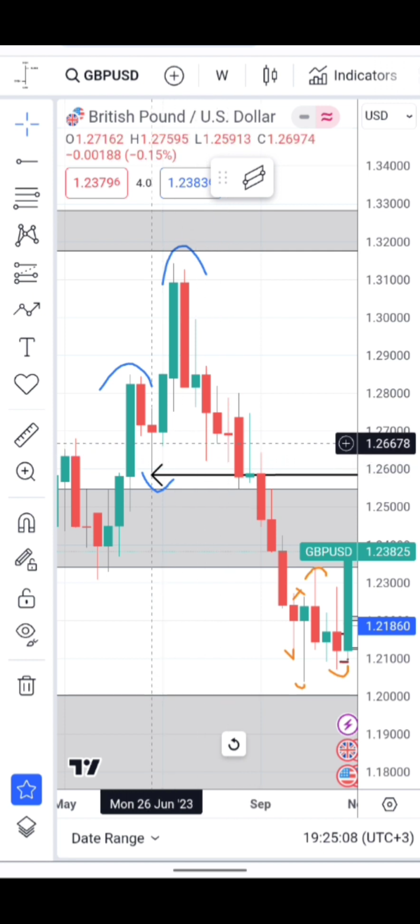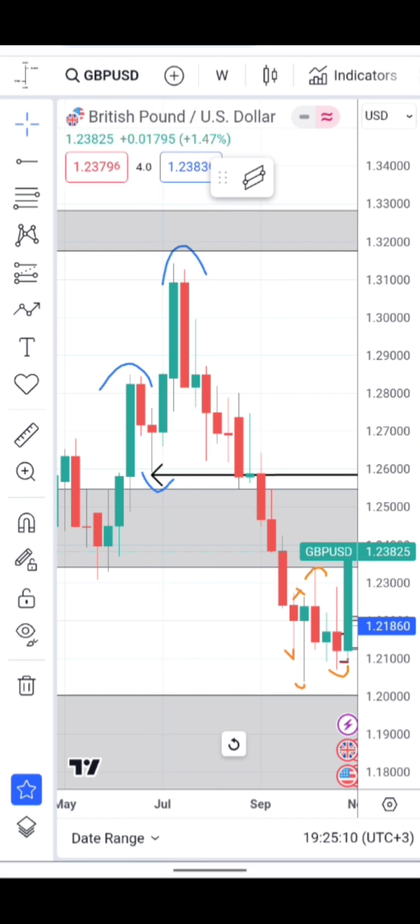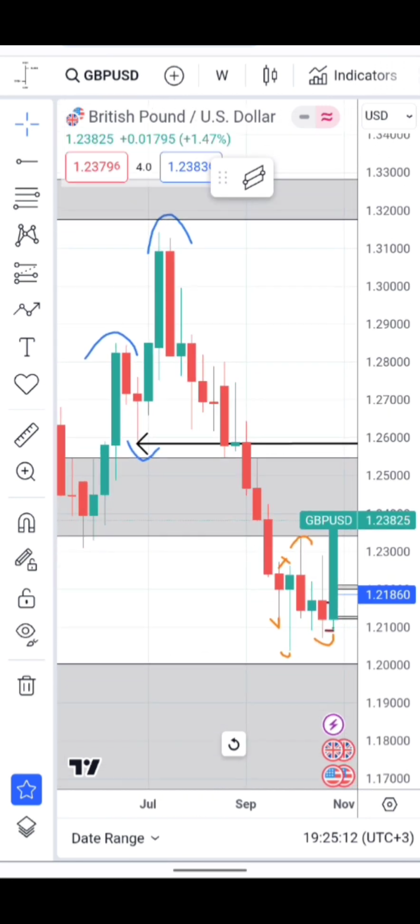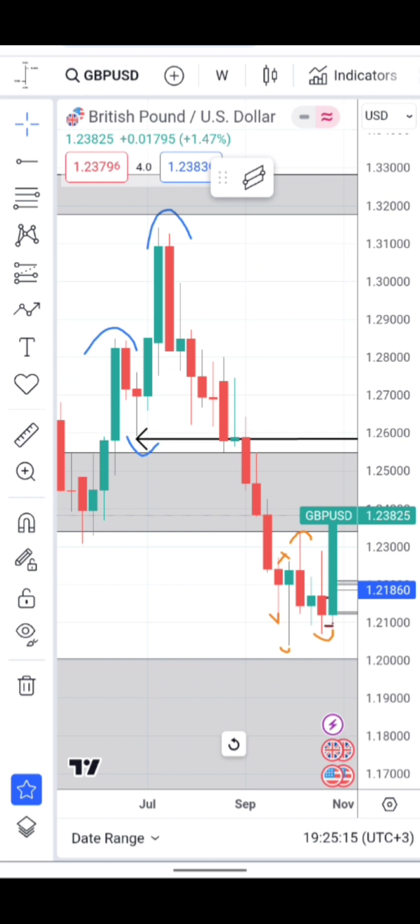So that is a break of structure to the downside. For me, personally, I consider that a shift in market structure from bullish to bearish.